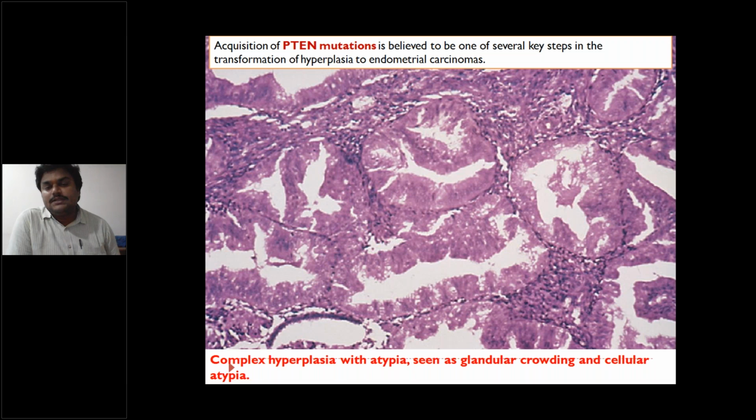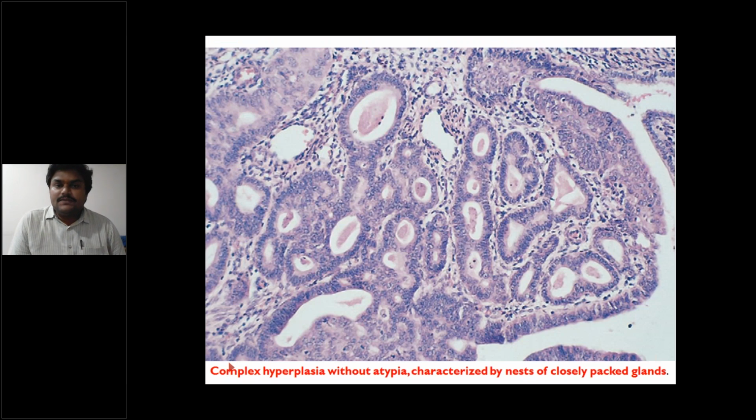latest WHO terminology. This is called endometrial intraepithelial neoplasia. Whereas the previous one is called endometrial hyperplasia without atypia, the latest WHO says endometrial hyperplasia without atypia, and now it is not classified as simple or complex. This is the Robbins classification. I am just projecting it here because you're all undergraduate students, but if I teach the same thing to postgraduates, I teach differently, as per the WHO guidelines.